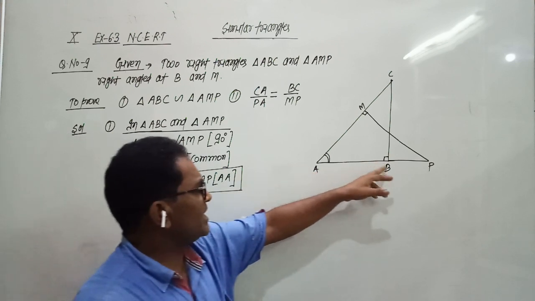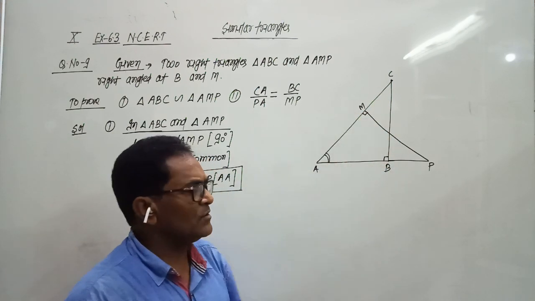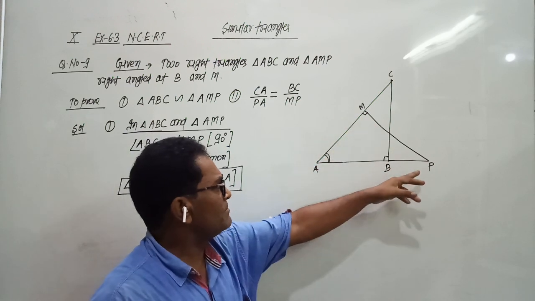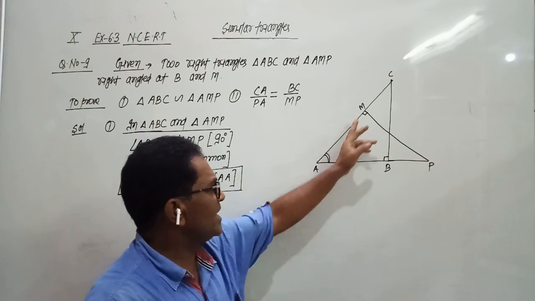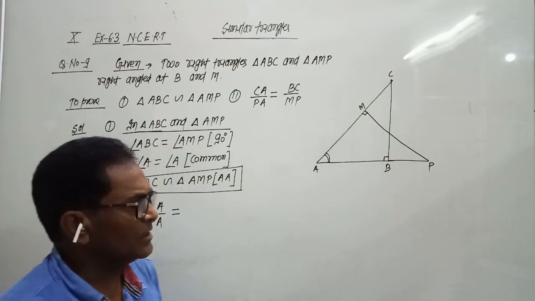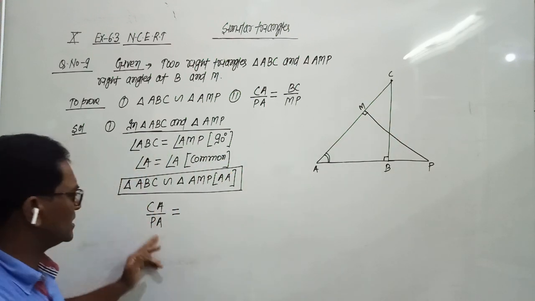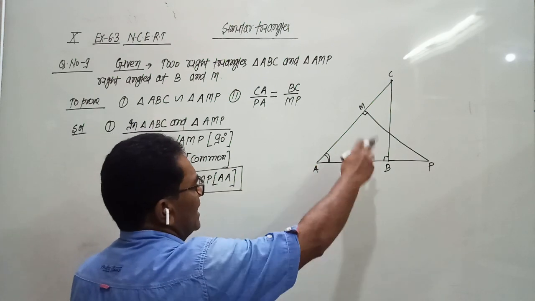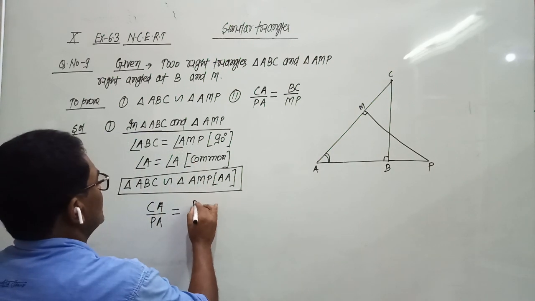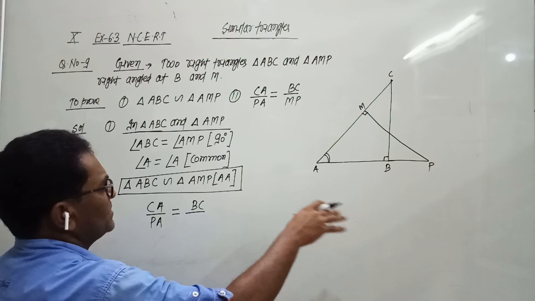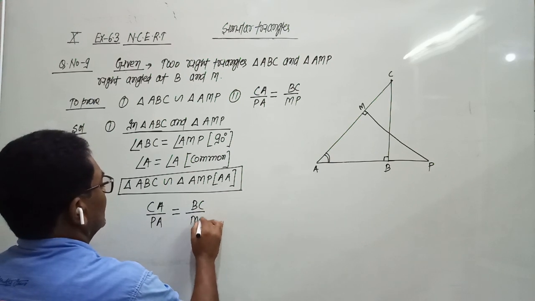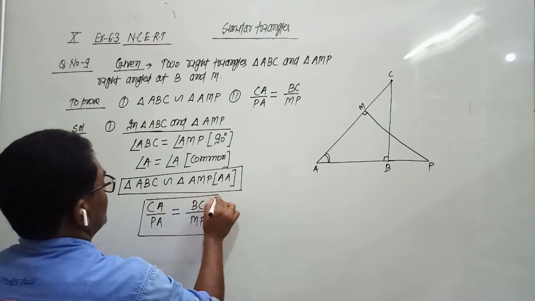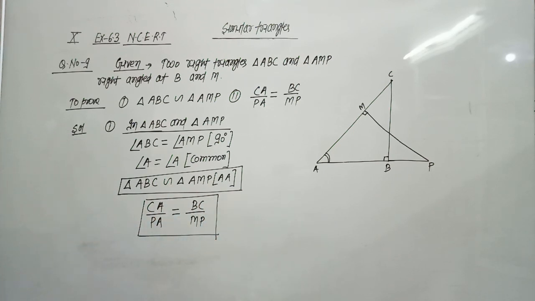For triangle ABC, the perpendicular is BC, and for triangle AMP, the perpendicular is MP. So this is the second part: the ratio of the hypotenuse of both the triangles is equal to the ratio of the perpendicular of both the triangles.